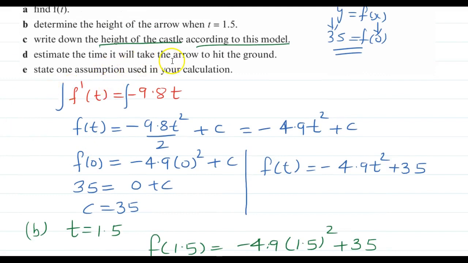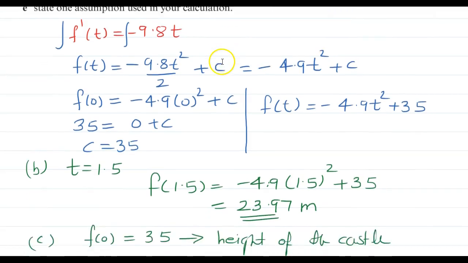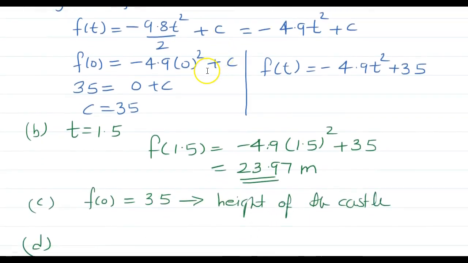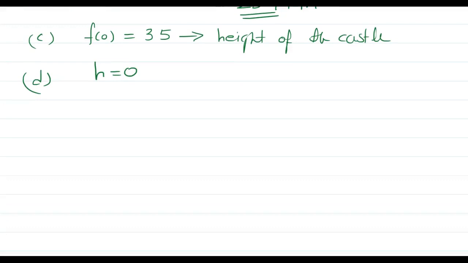Now for D part, they are asking the arrow will hit the ground when height is 0. Estimate the time it will take the arrow to hit the ground. So when arrow is going to hit the ground, height will be 0. So this is the condition. Let me scroll down a little bit. So we have the equation minus 4.9 t squared plus 35, and that should be equal to 0.